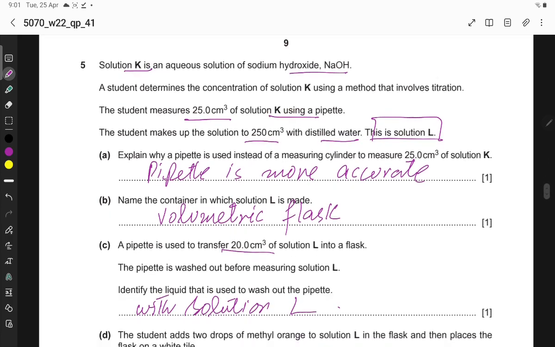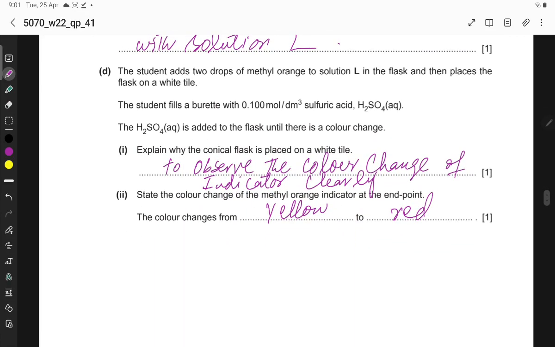Sodium hydroxide is taken in the flask and sulfuric acid is added to the flask until there is a color change, and sulfuric acid is taken in the burette. So the liquid is added from the burette to the flask until there is a color change.